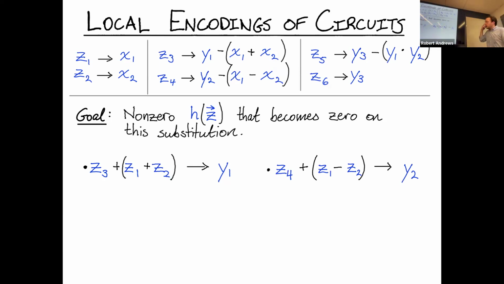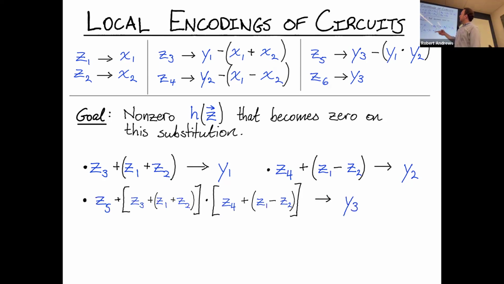Now, we've got something that says y1 is 0 and y2 is 0. And now we also know that y3 equals y1 times y2. So we should in some way be able to write down that y3 is 0. How are we going to do this? Well, let's take z5 and add to it the product of these two. What happens when you do the substitution?